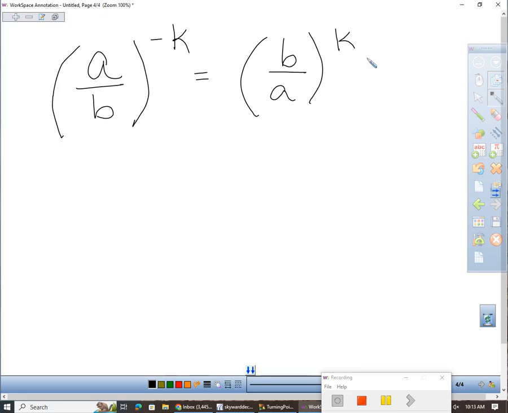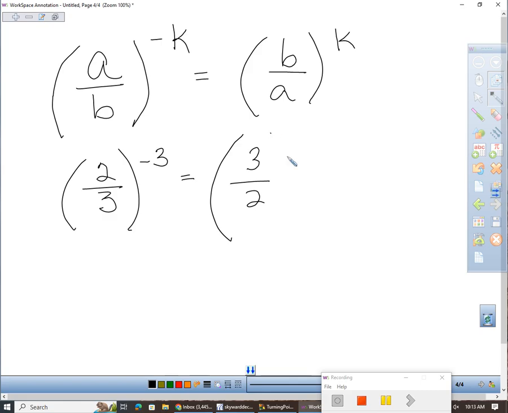Okay? And then, of course, we're going to give that exponent to everything on the inside. So, for example, let's say I have 2/3 to the negative 3. Because it's a fraction, and I have a negative exponent, I'm going to flip this to 3/2 and make my exponent positive.